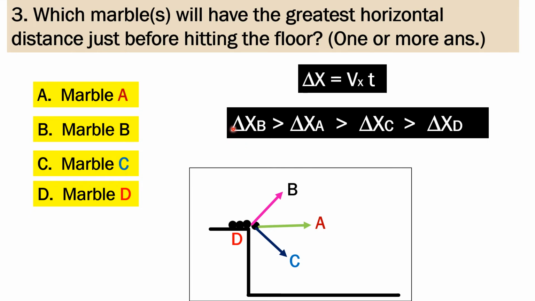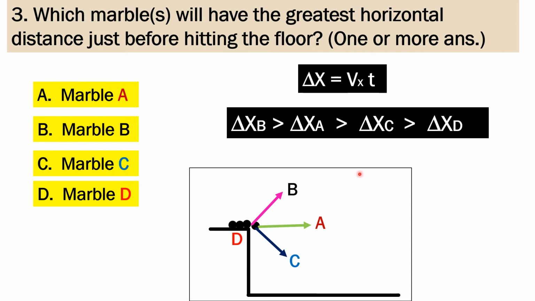It's greatest for marble B, compared to marble A, and of course compared to marble C. Marble D, already said, has no horizontal distance because its motion is all vertical.